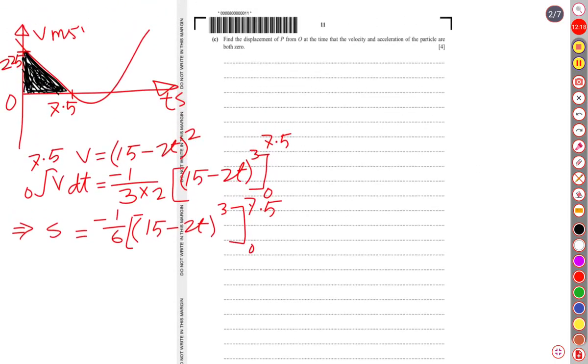Then s is equal to negative 1 over 6, and 15 when it is 7.5. Look at this. When t is equal to 7.5, 15 minus 15 is 0.